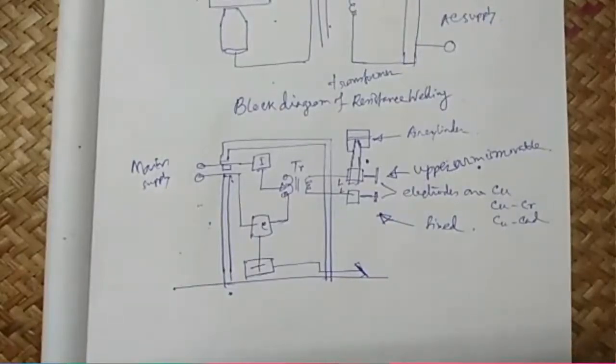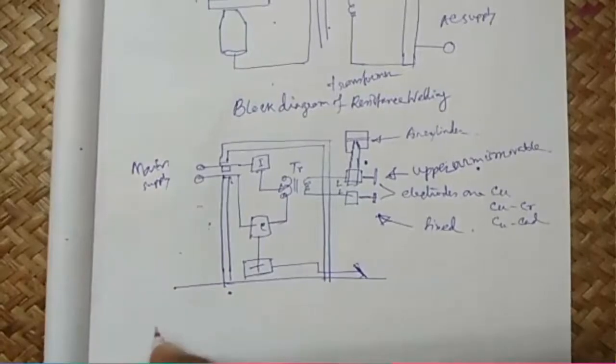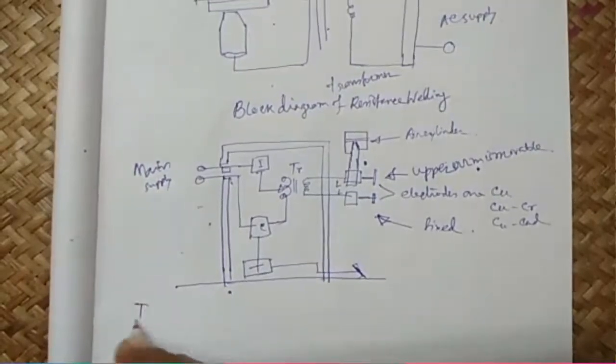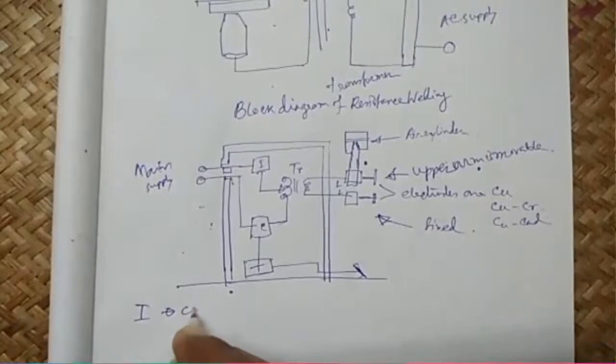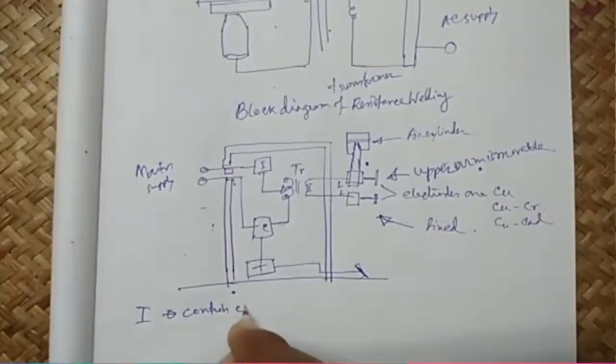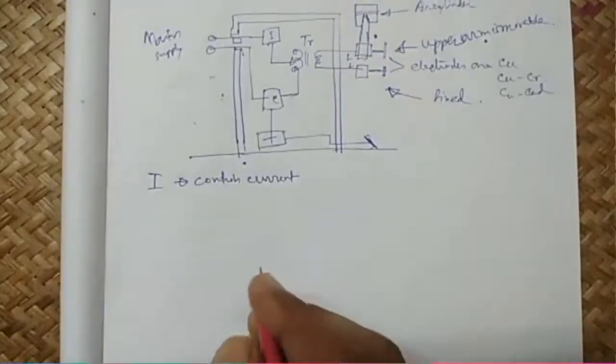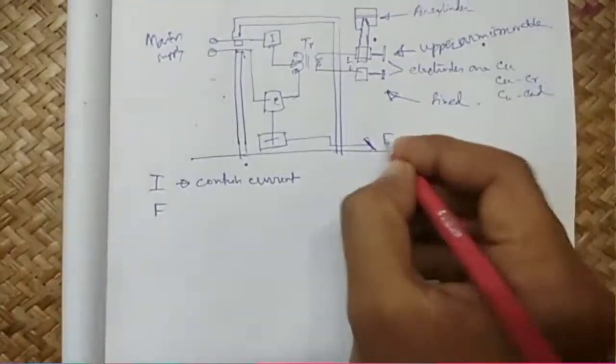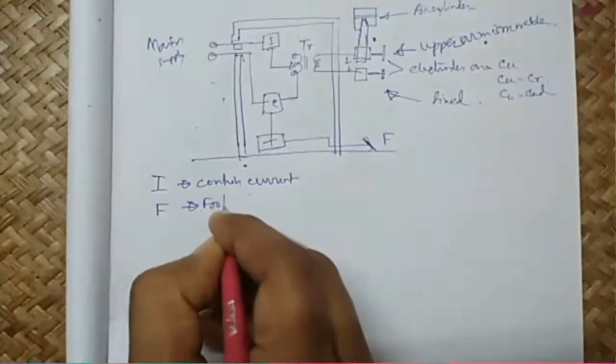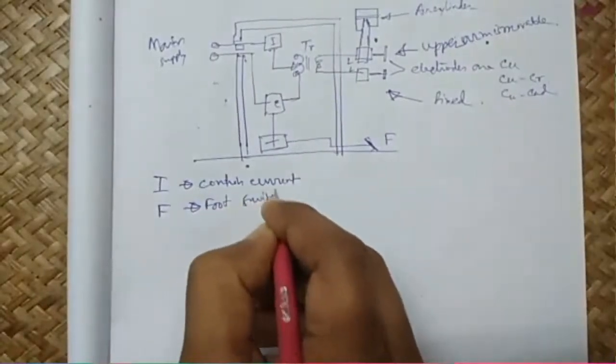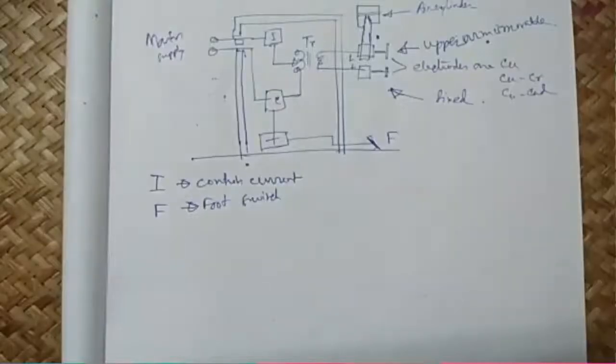Now this I means it controls current, F means here foot switch, which initiates the current transfer, and it is also connected with the air cylinder.